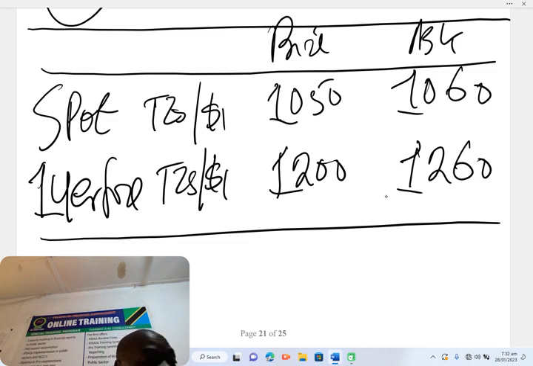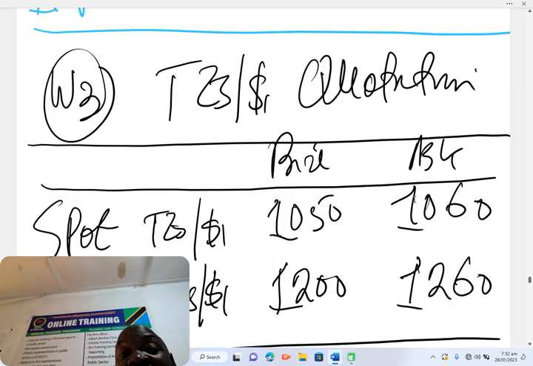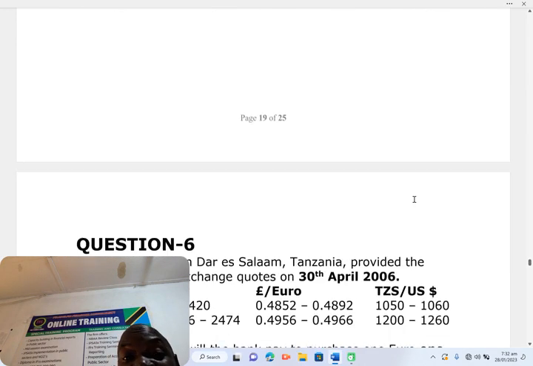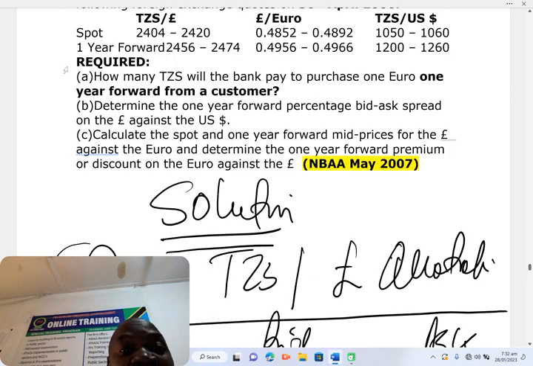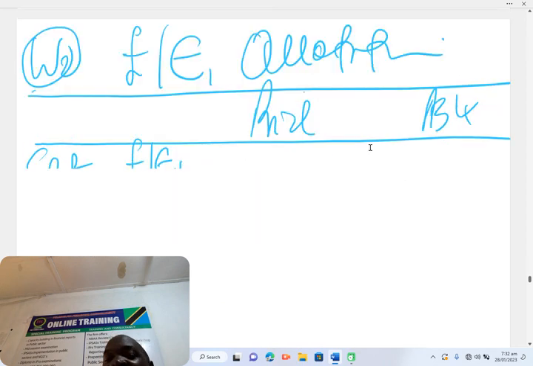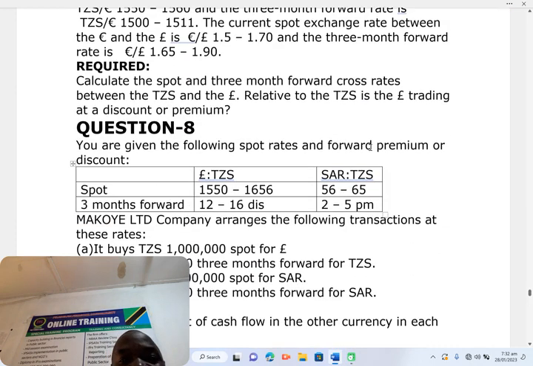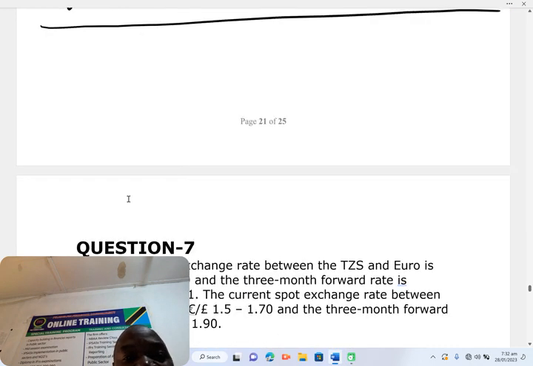I'll tell you. You see party A. Let us see party A, and you will observe that this problem was much utilizing your knowledge. What is party A? How many shillings will the bank pay to purchase €1 1 year forward from the customer? Now, let me see whether this appears in our transaction.